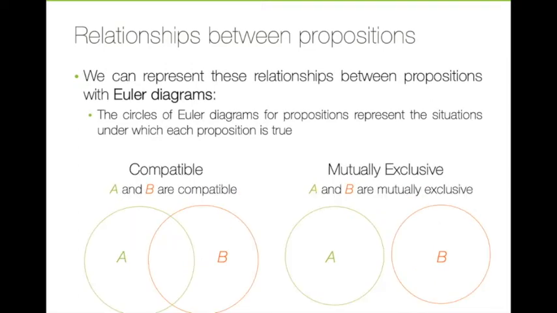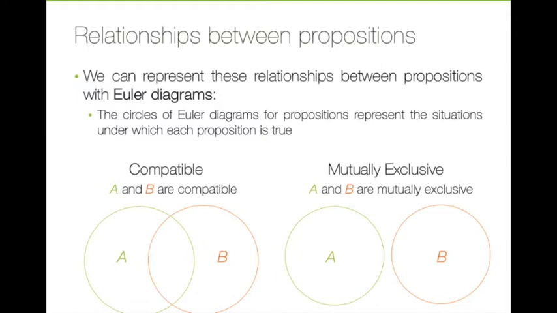We can also get Euler diagrams for compatibility and mutual exclusivity. On the left, we have A and B are compatible, and that's because there are some circumstances where both sentences are true together. So the circumstances where they're both true are represented by the overlap between the A circle and the B circle.